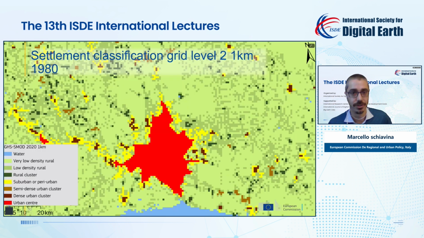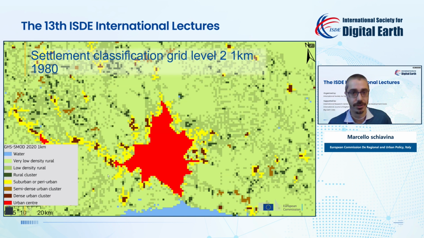So here we go back to our visual example of Bangkok, showing you another important feature of the GHSL implementing the degree of urbanization. That is the possibility to study the dynamics of settlement evolution. For example, here we are in 1980 with a single urban center for Bangkok.